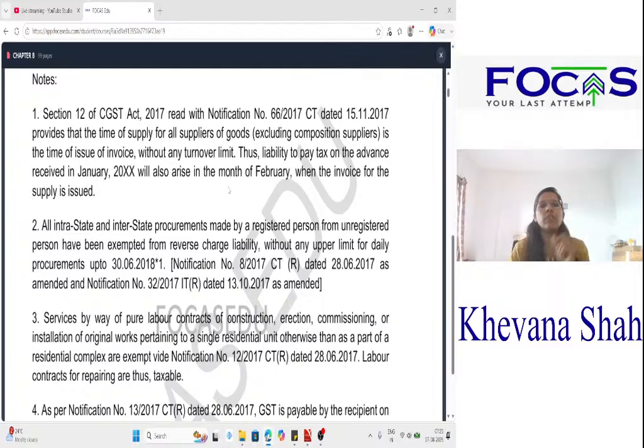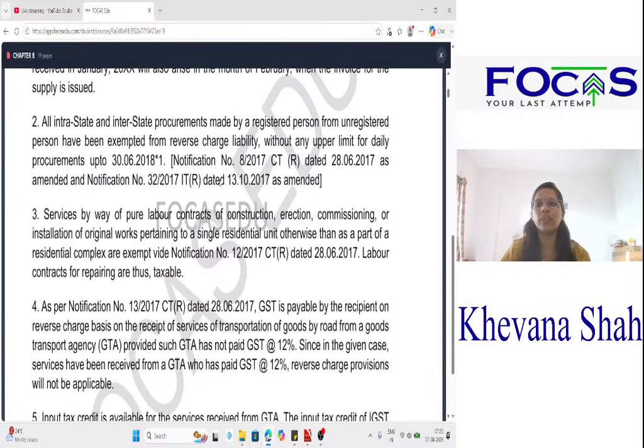So whenever you have any supply of goods wherein the goods are received in parts, in that case the time for the entire supply will be the time of issue of that invoice. That is the reason the liability to pay tax on advance received in January will also arise in the month of February when the invoice for the supply is issued, and that is the reason we have taken that also in the calculation of February month.